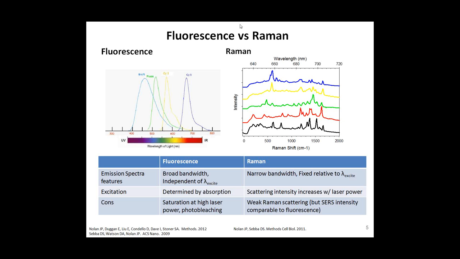One of the problems with Raman scattering is that the signal is very weak. Fortunately, our group has been working with surface-enhanced Raman scattering, where we got very good signals that are comparable to the fluorescence.